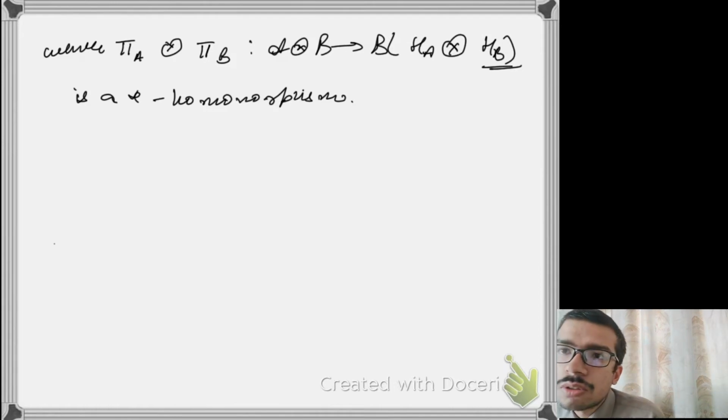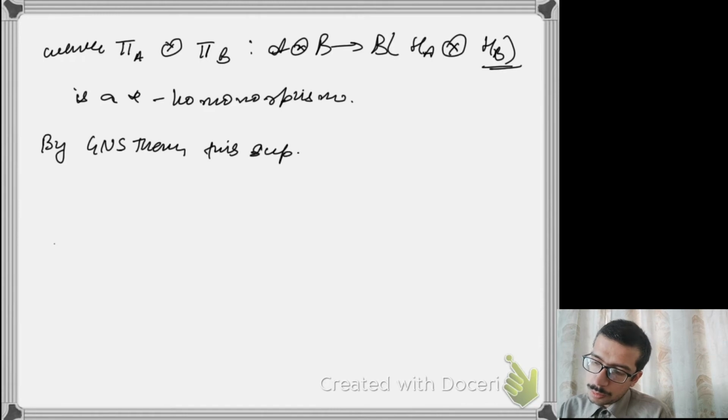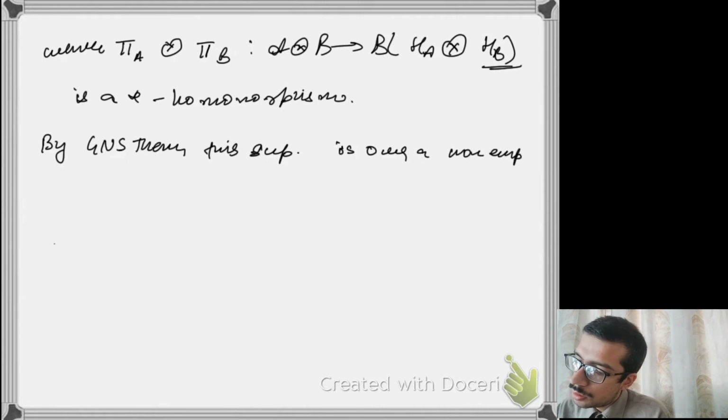By the GNS theorem, this supremum is over a non-empty set. Why is it so?